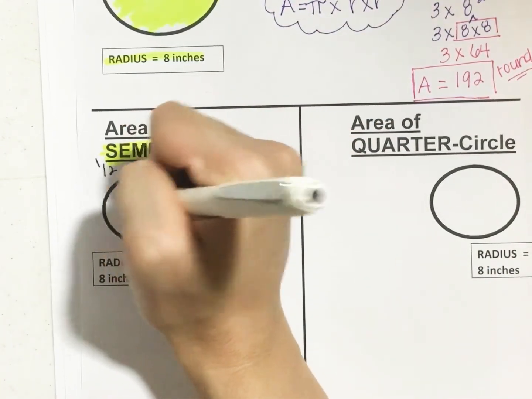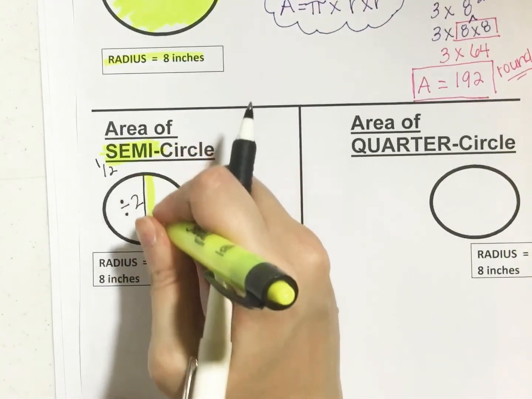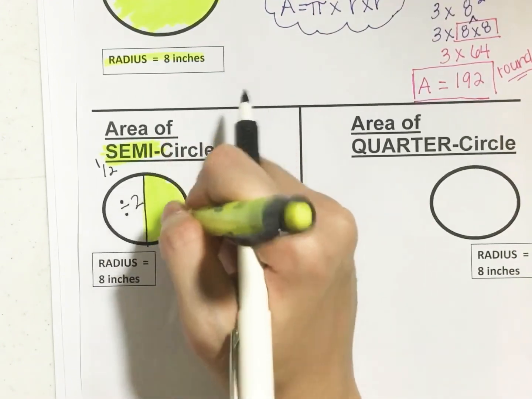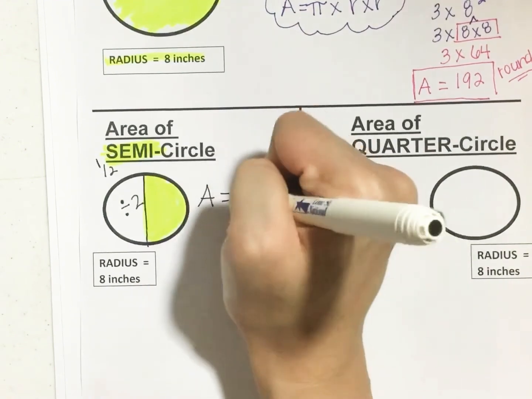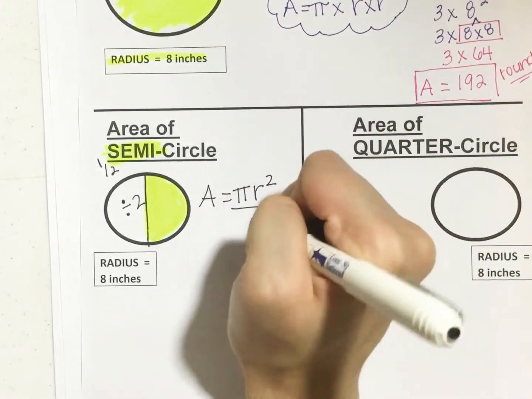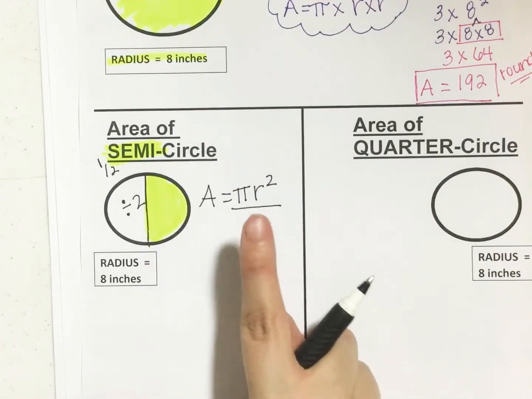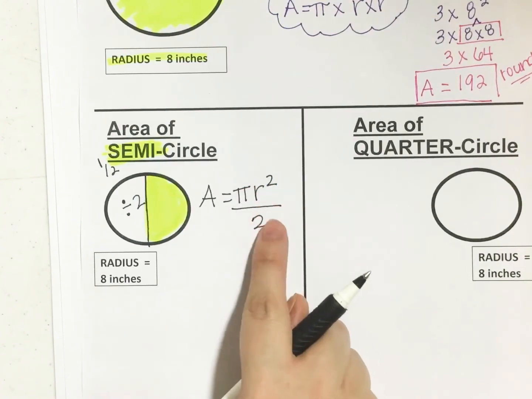Half means you have to divide by 2. So I only want to get the area for half of the circle. You would be using the same formula, pi radius to the second power, but you're going to have to divide by 2. For a semicircle, it's very important that at the end you divide your answer by 2.